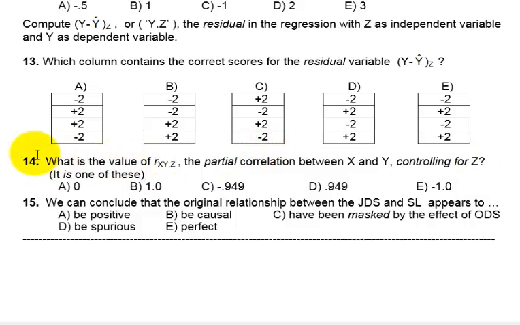So 14 and 4 are the exact same problem. I could be wrong here, but the answer is again 0. Once you partial out Z, the OSD variable, the correlation between X and Y is practically 0. So there's the answer there. And again, the relationship between JDS and SL is the same as number 4. It's spurious.